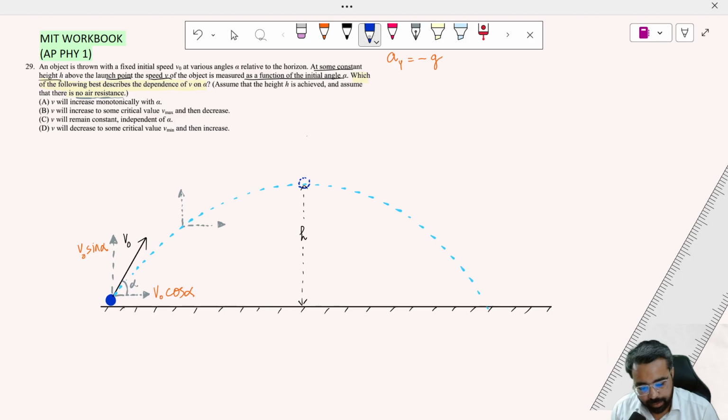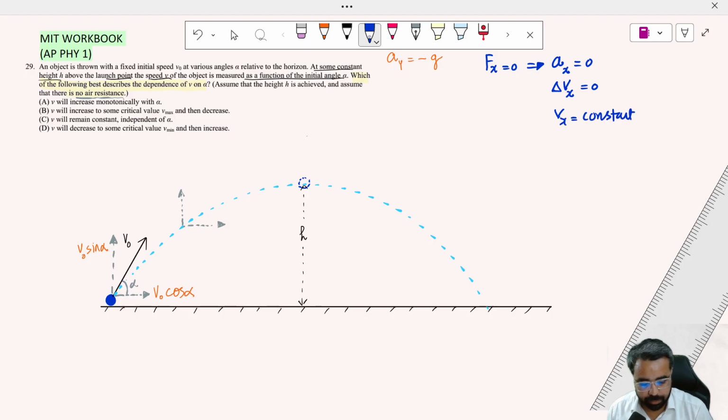Because when there is no force along the x-axis, there is no acceleration due to this force in the x direction. And no acceleration means there is no change in velocity, and that means the velocity is constant.